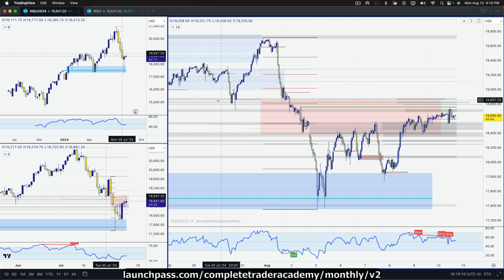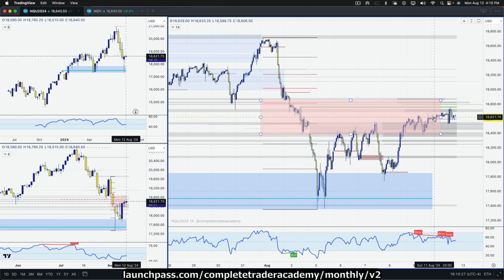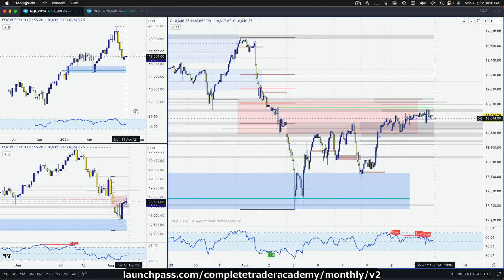You can see that this is the energetic move up from this level here, but also from this wick. So we've already tagged that wick. It has all right to sell off from there. It could come to 50% of it. It could come to this candle right here with a previous gap. Anywhere in this area to sink down if it does not come down from here. Let's make that clear, right?